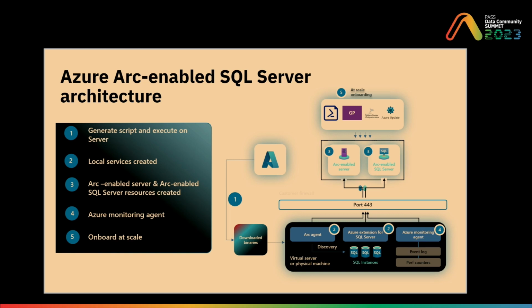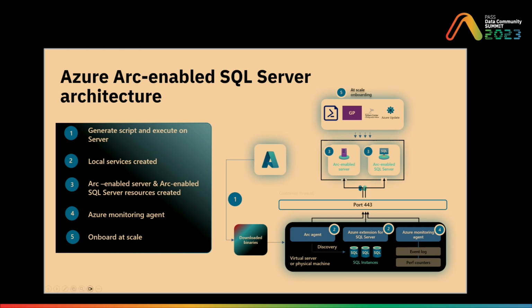This is very easy. You have a SQL server running on Windows or Linux, in physical or virtual. What you do is you get a script, and I'll first talk about how you do it for a simple server, whatever your architecture is, on premises or in a third-party cloud.